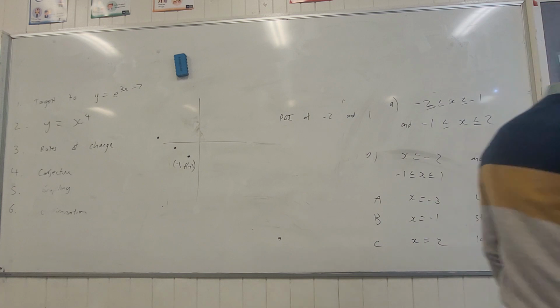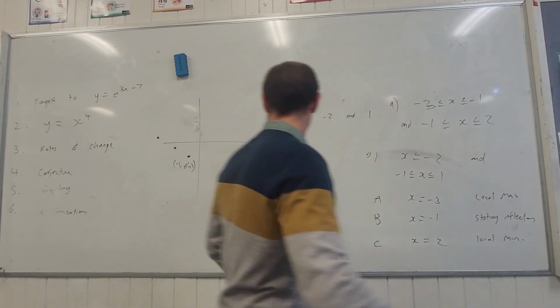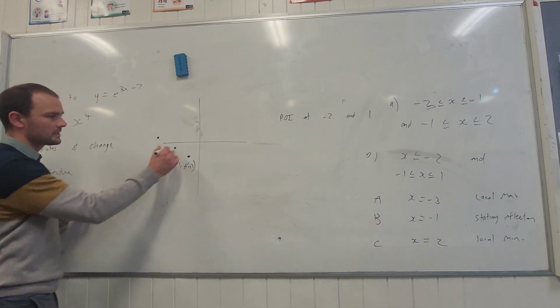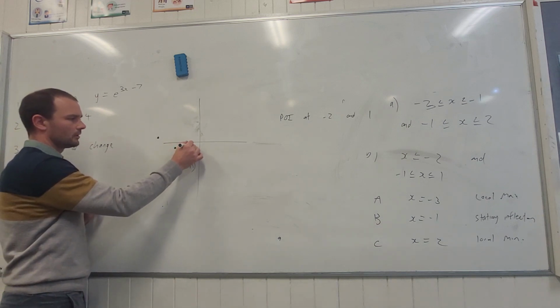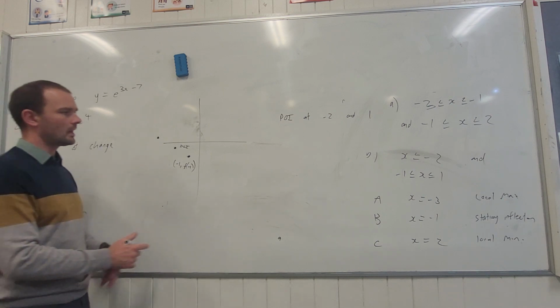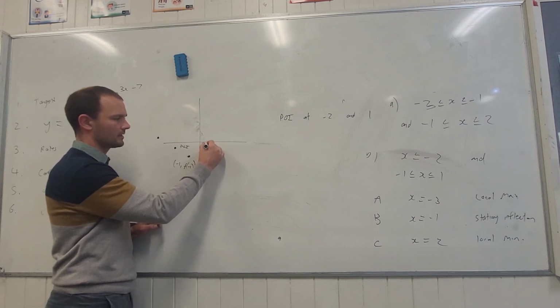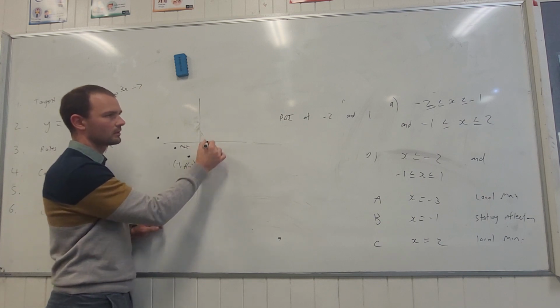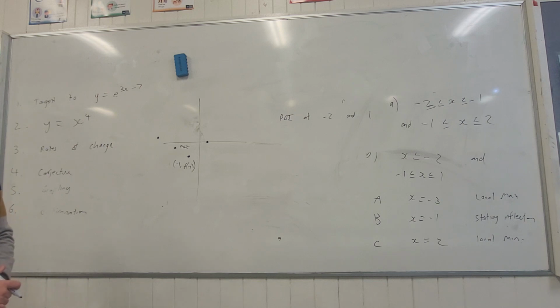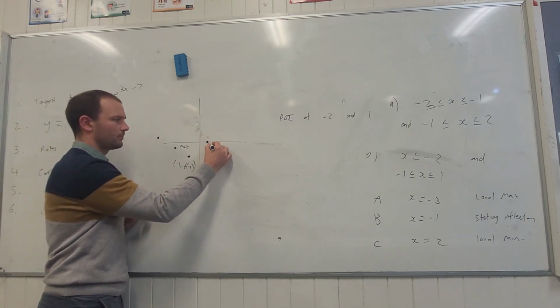Although it does say sketch a possible graph. So there's got to be a few, although because they've given us that point, let's see how we go. Let's just wrestle with it. Alright, so we've got, this is a point of inflection, non-stationary point of inflection. There's another one. There's another, and this is, the one at 1 is stationary, isn't it? So it goes horizontal at that point. At x is 1. So that's the stationary point of inflection.